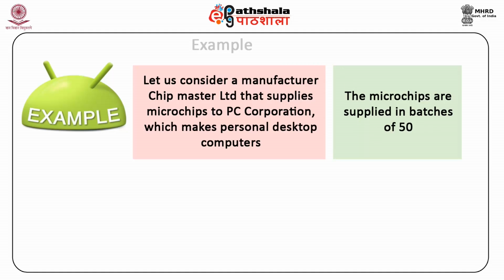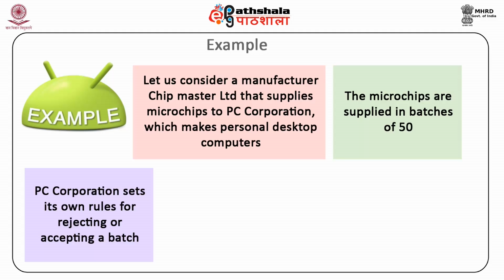The microchips are supplied in batches of 50. PC Corporation as a buyer accepts batches after rigorous quality checks. In its inspection department, each batch is checked before being accepted, as PC Corporation prides itself on its strict quality control as a part of delivering consumer satisfaction.